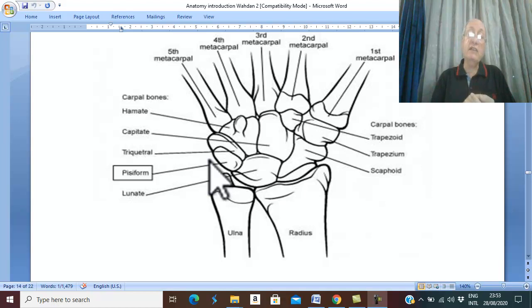Sure, the convexity will articulate with a concavity, but the concavity here is an elliptical concavity. Elliptical means wide in the center and narrow in the periphery.